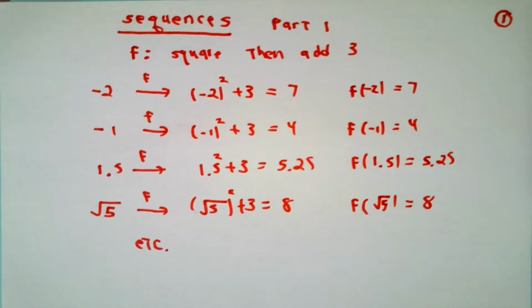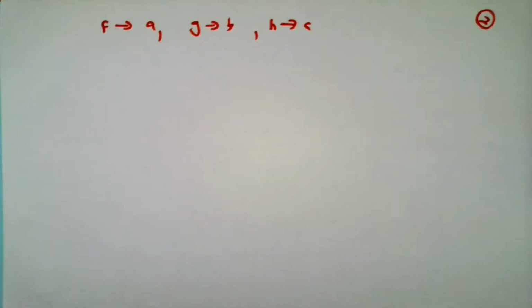Shortly, we'll have new types of functions, and we'll have a slightly different notation for them, but it's a very similar idea. Because these functions are of a different character than what we've seen before, we will give them stereotypical names. Instead of using f or g or h, typically we'll use things like a or b or c.